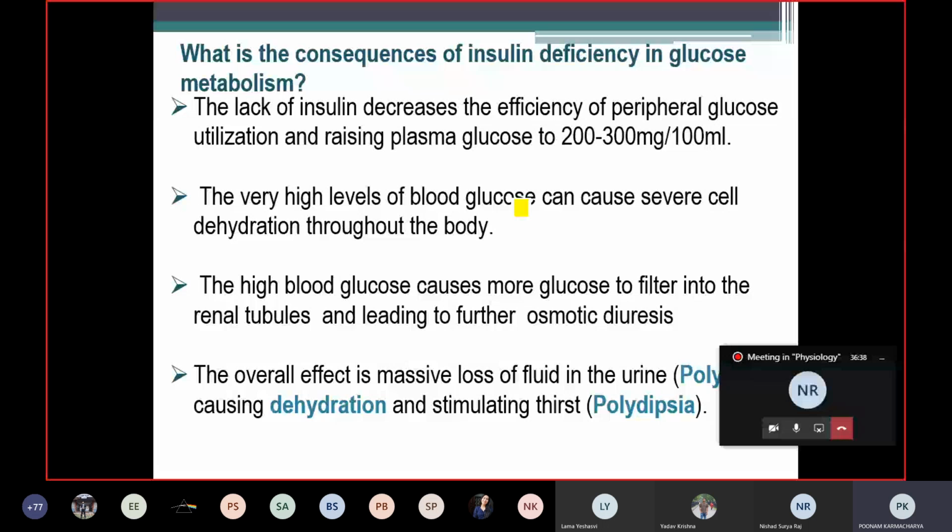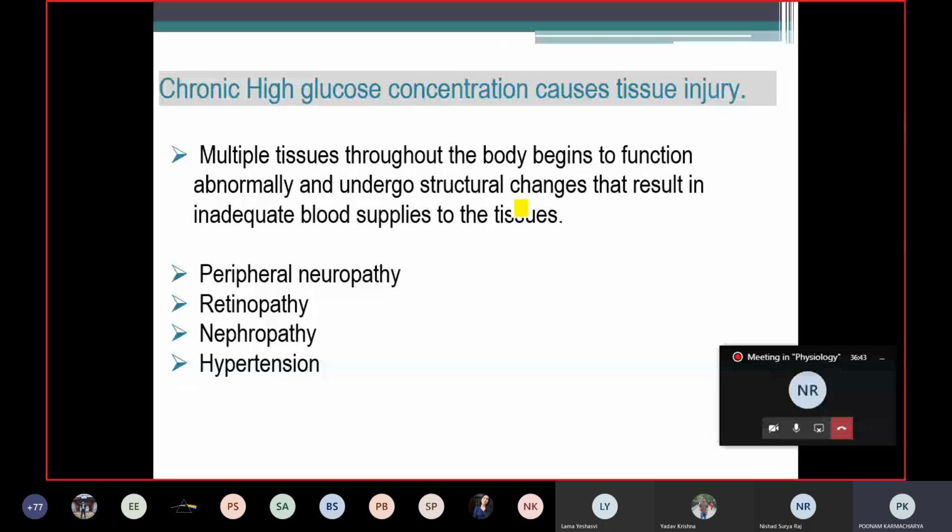Now you can see that there is a high concentration of glucose in the person's body, right? This chronic high glucose concentration in the body will eventually cause tissue injury, okay? So multiple tissues throughout the body begin to function abnormally, and they undergo structural changes that result in inadequate blood supply to the tissue.